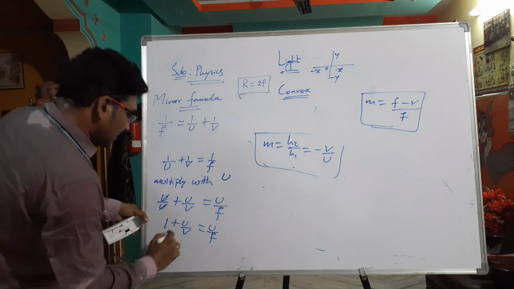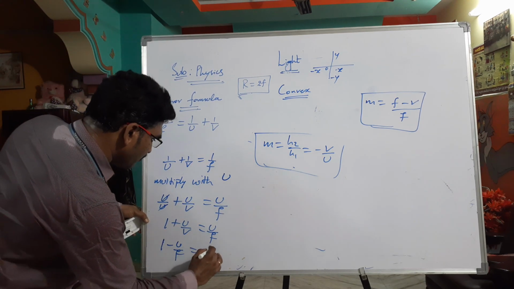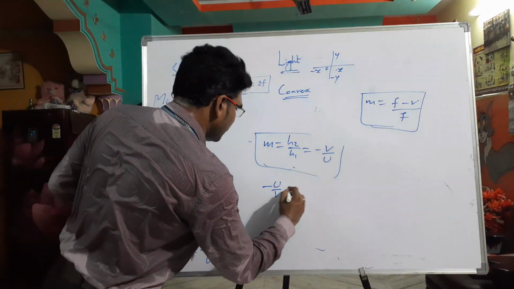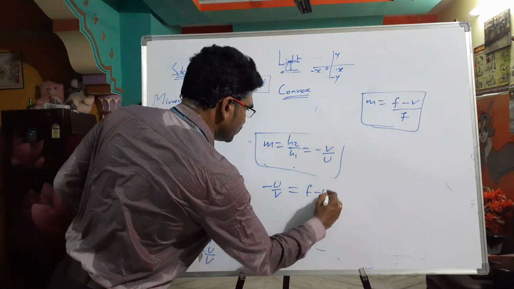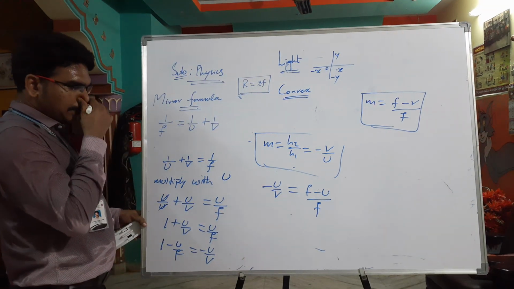Now I will take this to the other side, so 1 minus u by f is equal to minus u by v. So minus u by v is equal to f minus u by f.